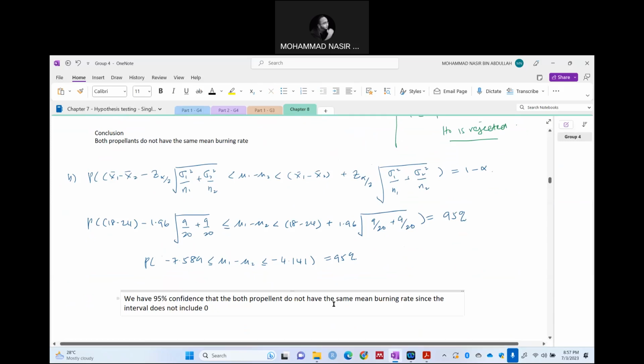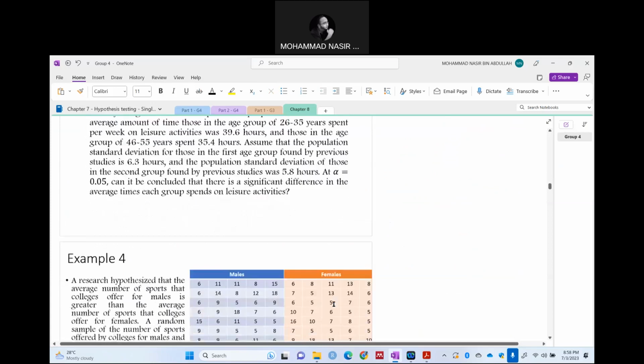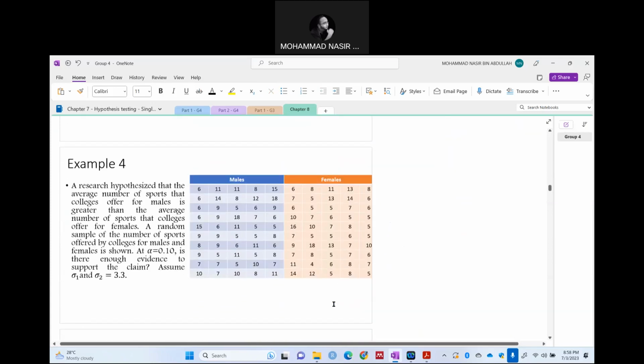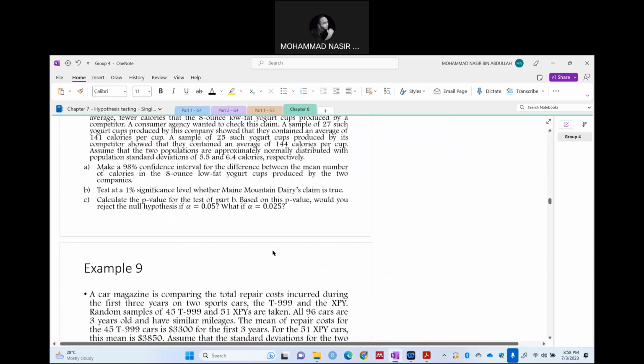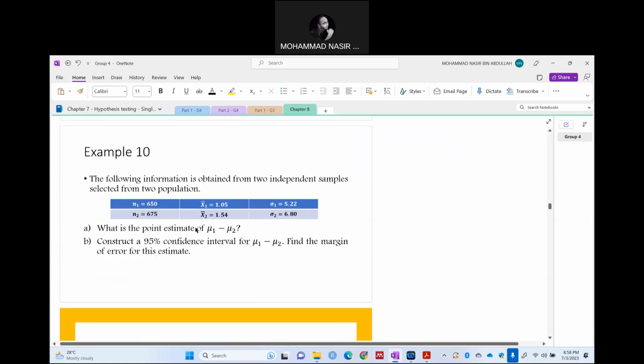Example 3 has a lot of data you need to calculate by yourself. And 5 to 10, I think you do by yourself.